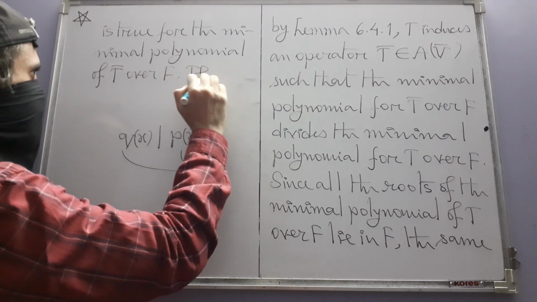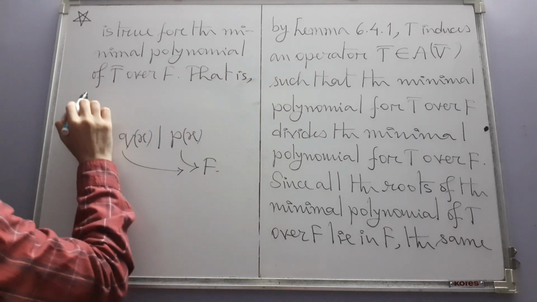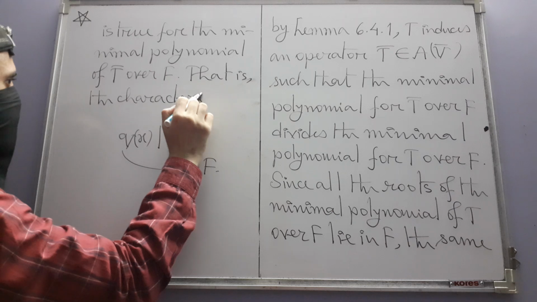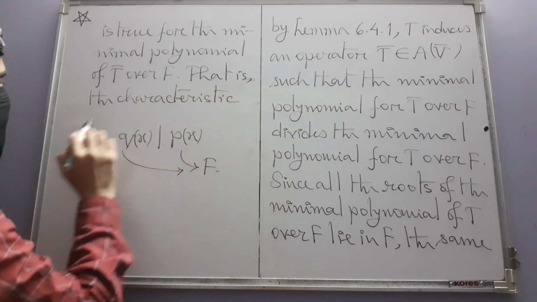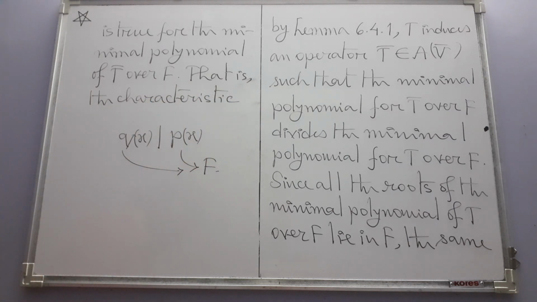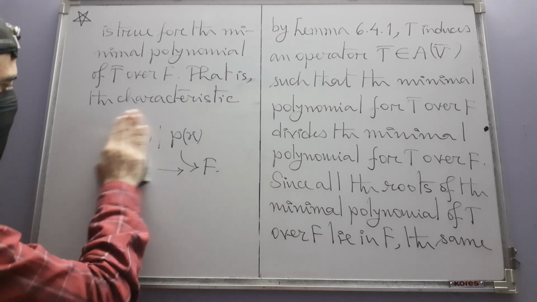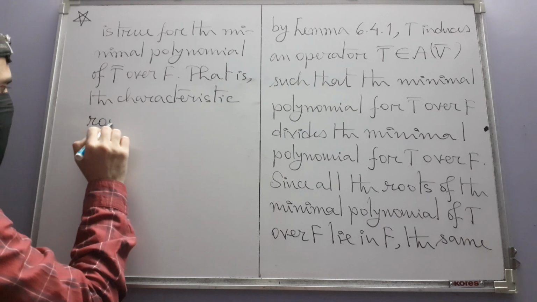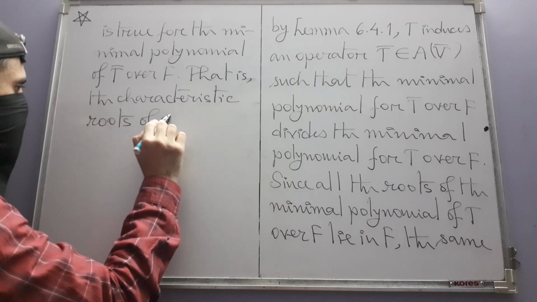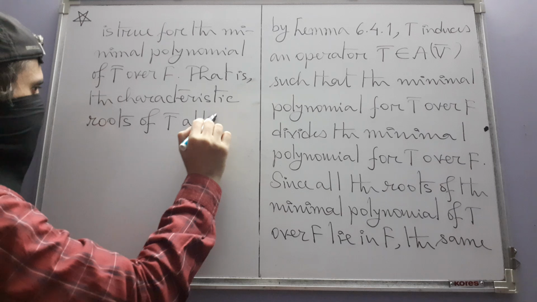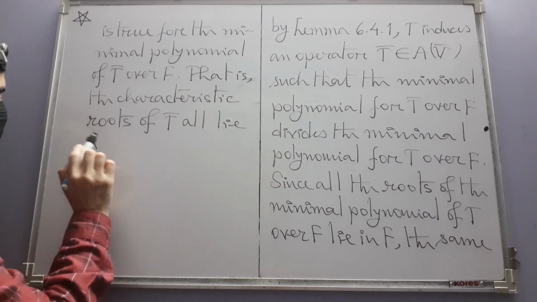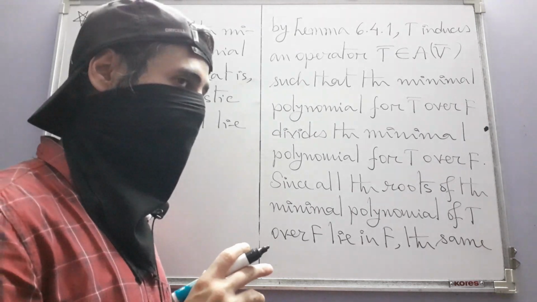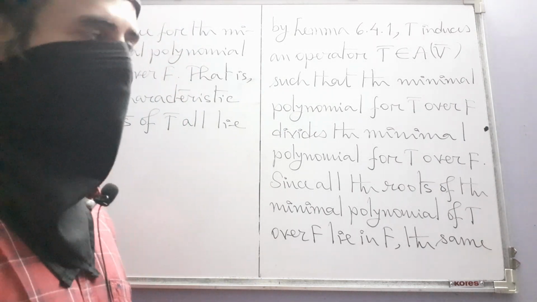That is, the characteristic roots of T bar all lie in F. But I think I have already made a mistake. I forgot something.